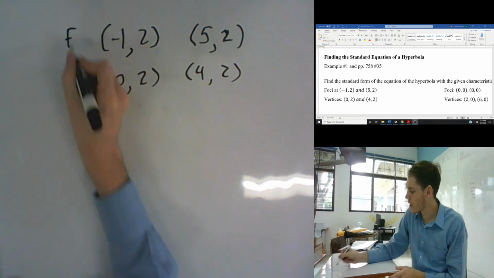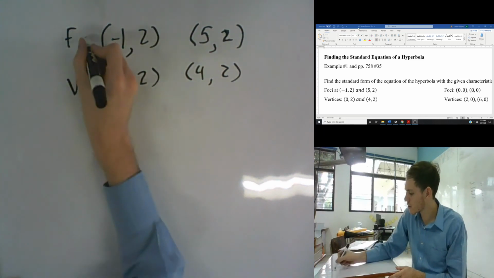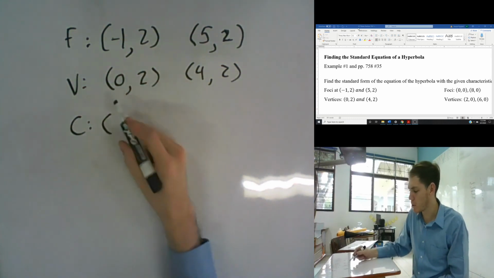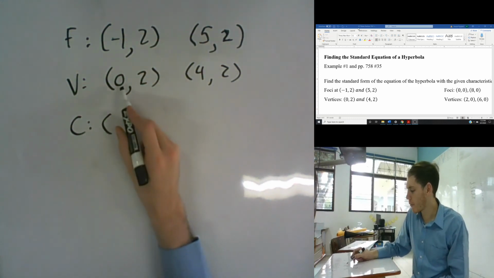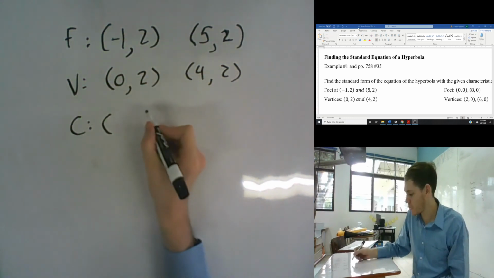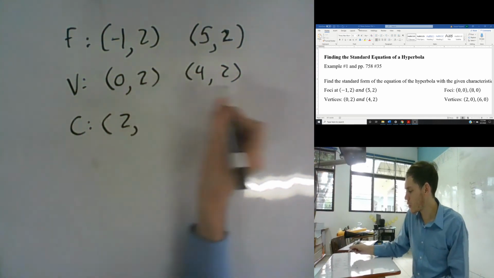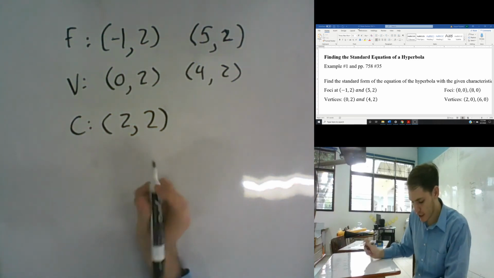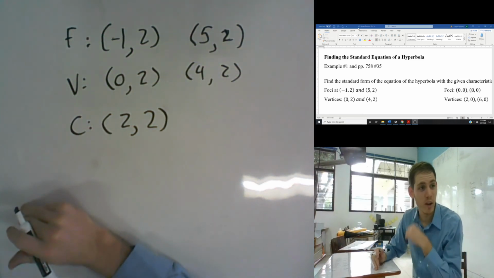This is our foci, this is our vertices. So what's our center? Our center is the midpoint between these two. The midpoint between 0 and 4 is 2, and 2 and 2 does not change, so that will be our center.